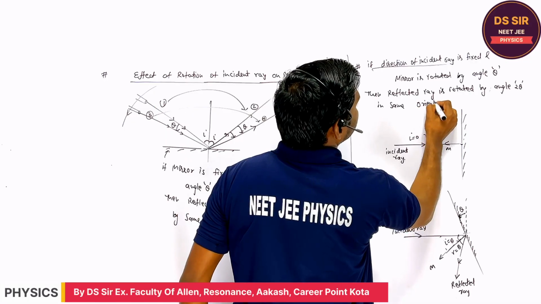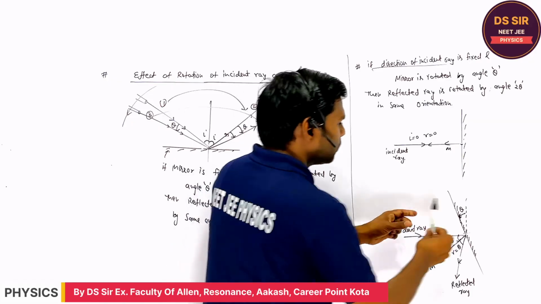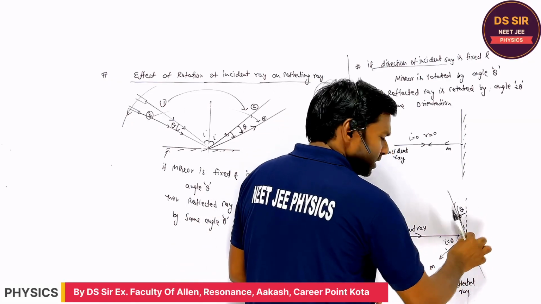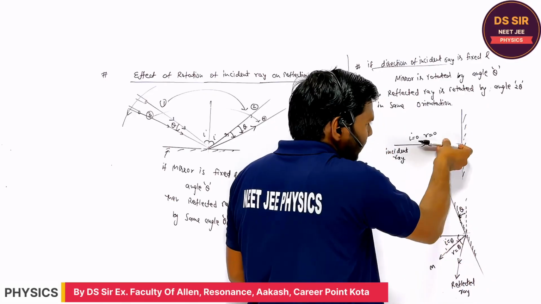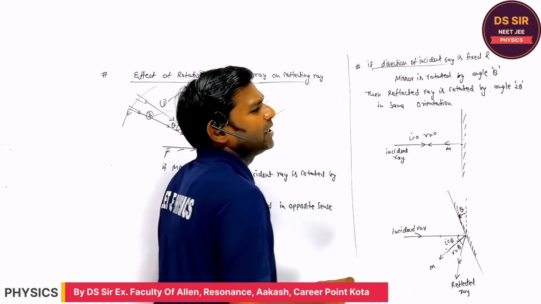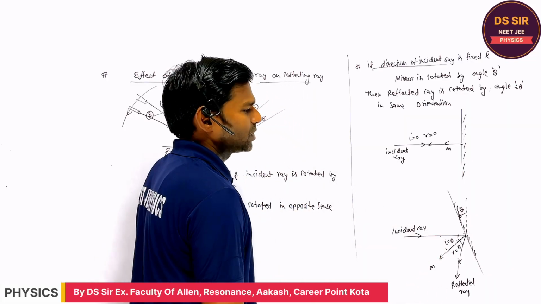You understand or not? If the mirror is rotated anti-clockwise, the reflected ray is also rotated anti-clockwise, but by double the angle of the rotation, right?